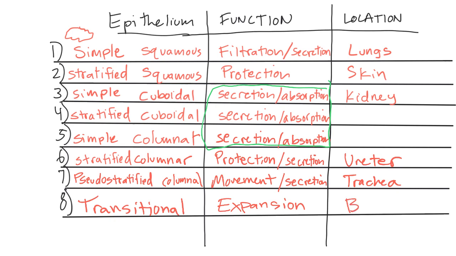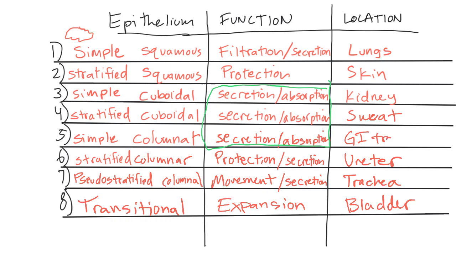Okay, and you will find this in the bladder. Okay, so stratified, it's coming back to me. Okay, sweat glands often have stratified cuboidal. And you can find simple columnar in the GI tract.